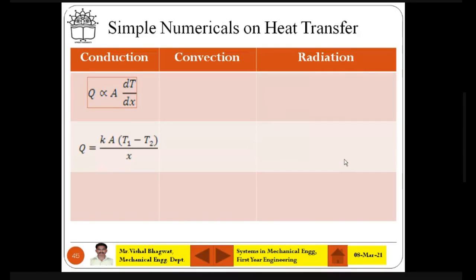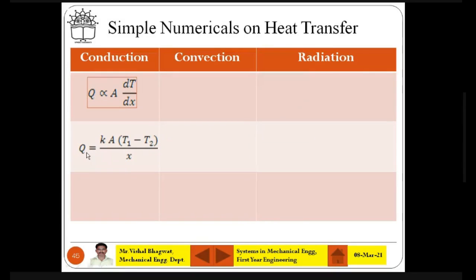Now when we say conduction, convection, radiation, we try to maintain an analogy between these modes of heat transfer and the flow of current, where you have the equation I is equal to V upon R. R is the resistance in electrical devices. So here we need to get a thermal resistance, and for that purpose you have to maintain the analogy with the current flow.